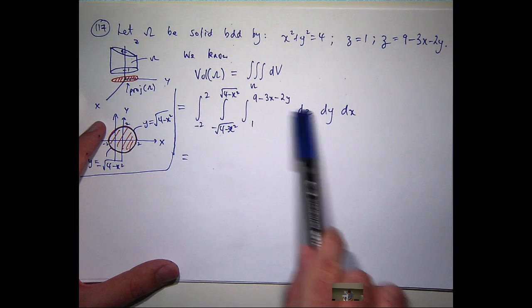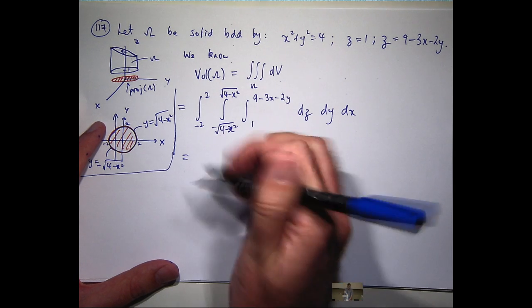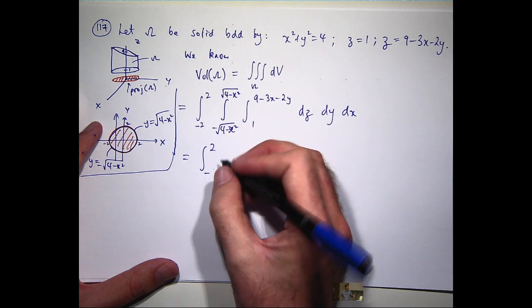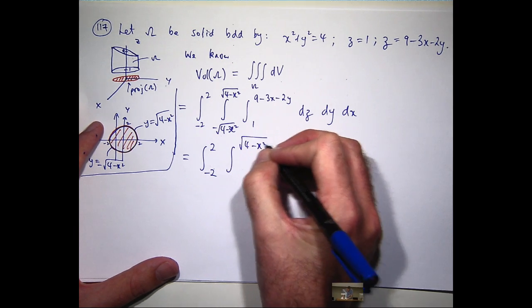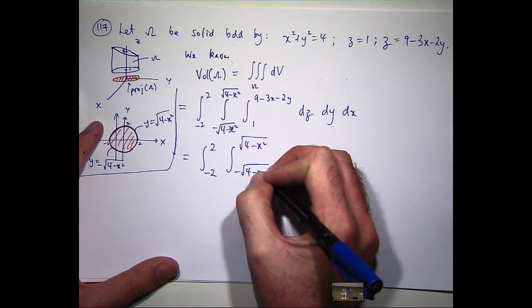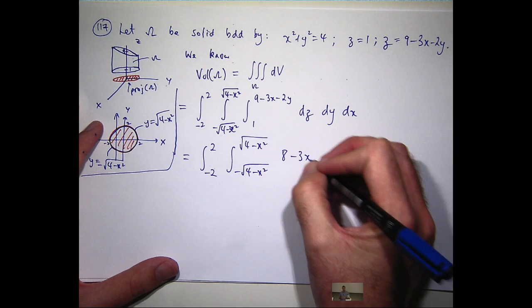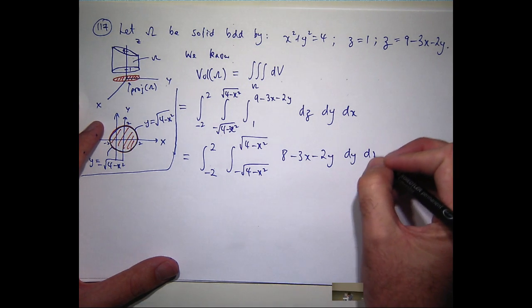I'm going to get 9 minus 3x minus 2y minus 1. Okay, so when I take one away from the other, I'll get 8 minus 3x minus 2y, dy dx.